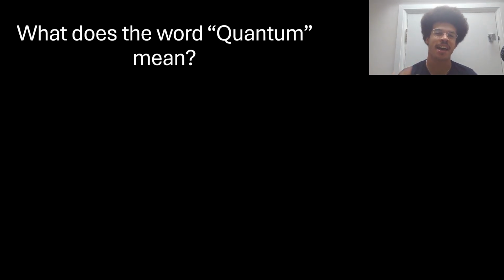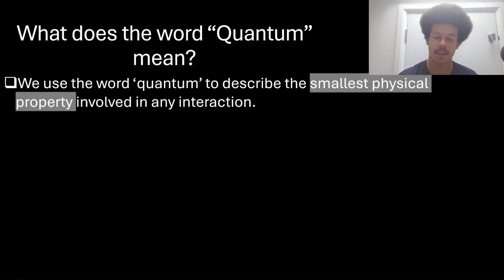So we always have to start with a definition. What does the word quantum mean? It basically just means the fundamentally smallest thing or property involved in any sort of interaction that we can describe in the universe. So it always details the smallest scale possible.